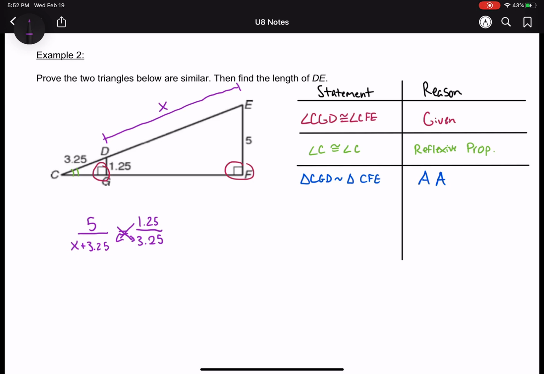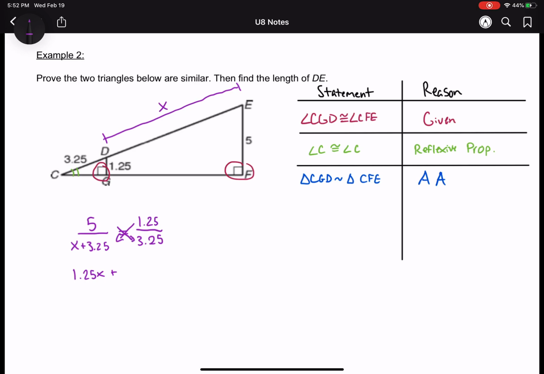When I start with the X, I have 1.25 times X, that just gives me 1.25X. And then I'm going to add that to my 3.25, which is multiplied by 1.25 as well. So when I type in 1.25 times 3.25, that gives me an answer of 4.0625.